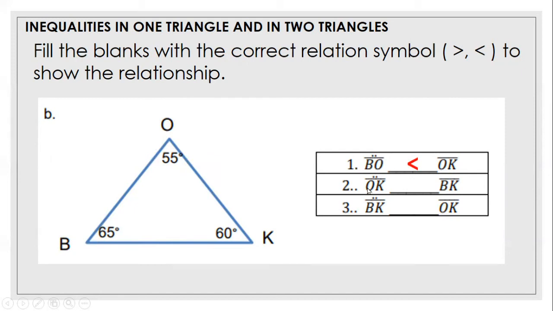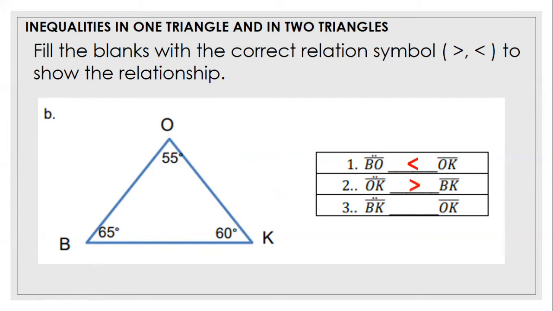Next, number 2, we have OK is blank than BK. The opposite angle of OK is 65 and the opposite angle of BK is 55. So 65 is greater than 55. Therefore, OK is greater than BK.